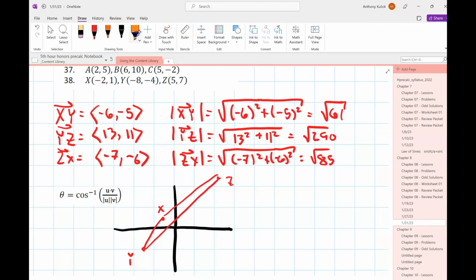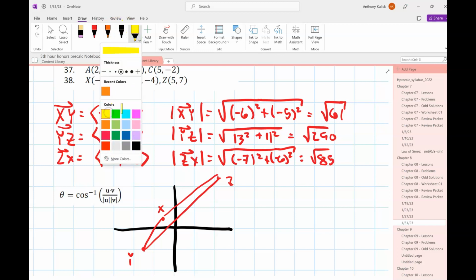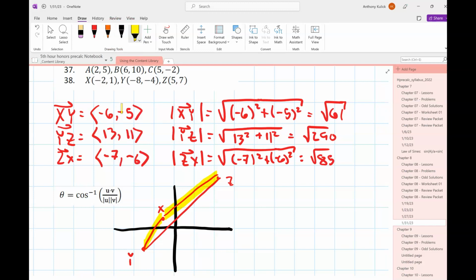So we're going to find these angles one at a time. Let's say I want to find this angle first, right? So that's going to be the vector XY and then the vector XZ. So XY we have already, but we have the vector ZX instead of XZ. How do I get XZ out of ZX?